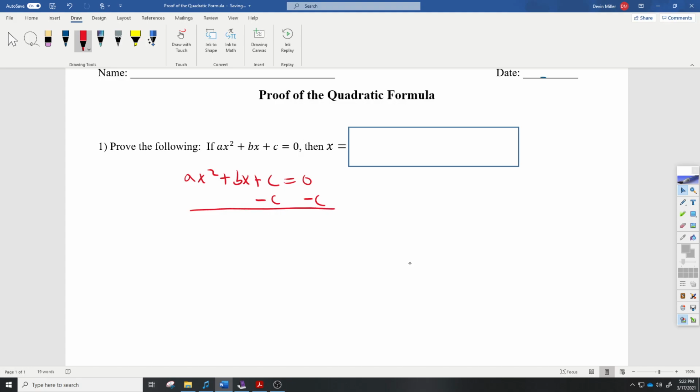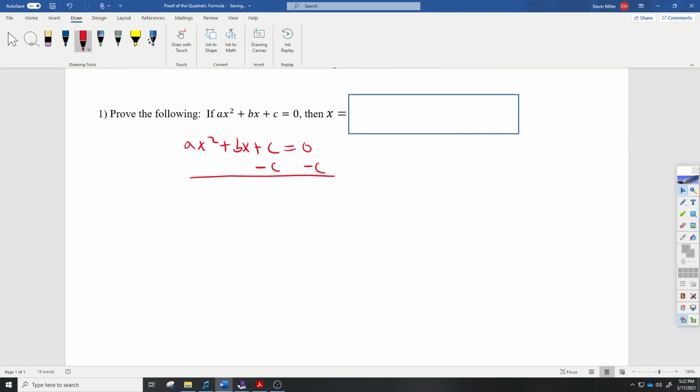Most of the steps that I do, you should be able to follow, even though it might get a little crazy. Then we have ax squared plus bx equals 0 minus c, which is negative c. Okay, I'm going to do something a little different.